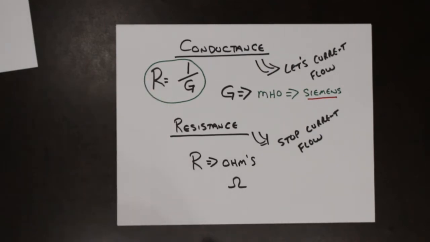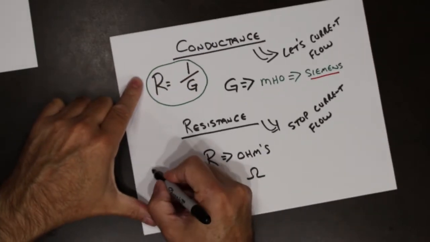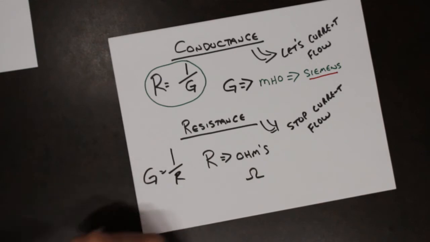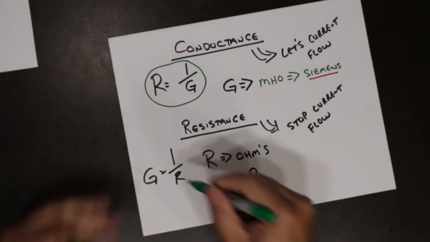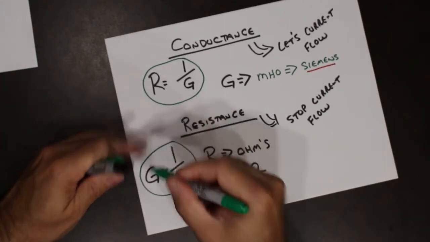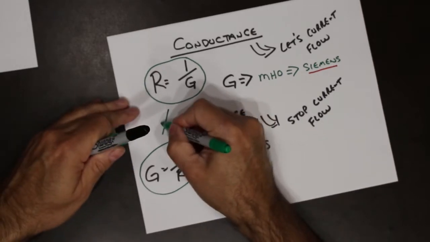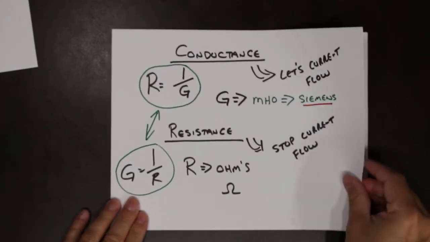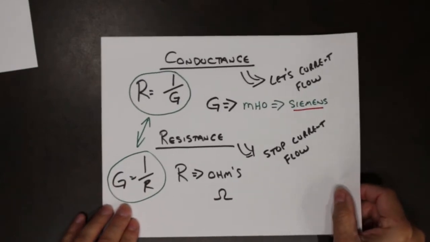So you could say that R is 1 over G, or G is equal to 1 over R. They are the exact opposite of each other. So something called conductance. So how does that have anything to do with what we're talking about?